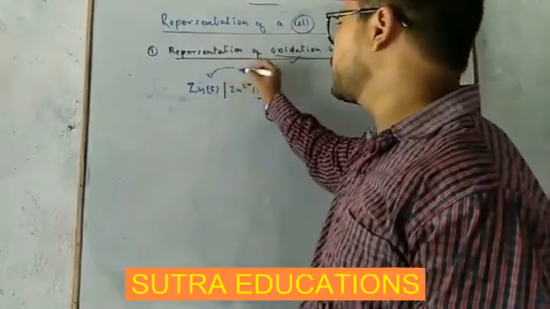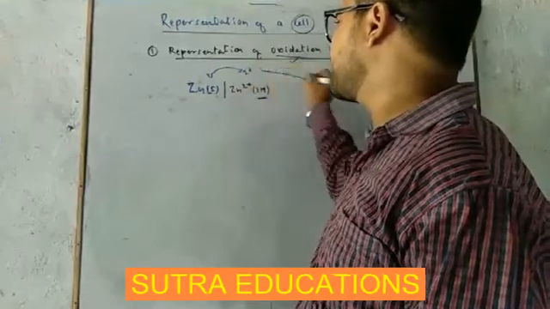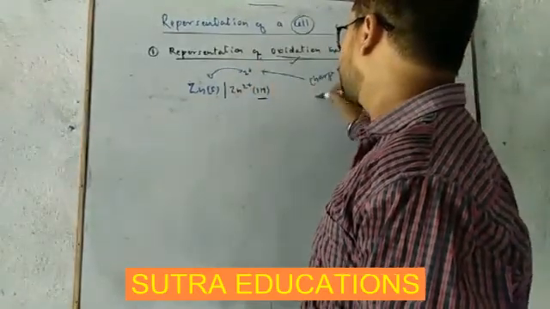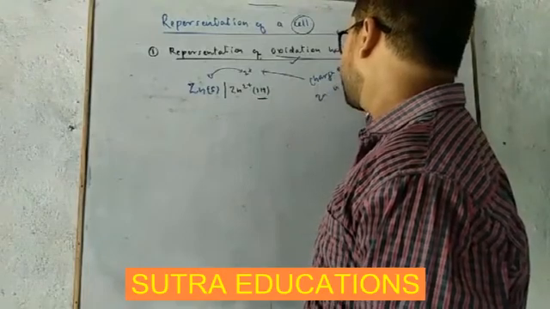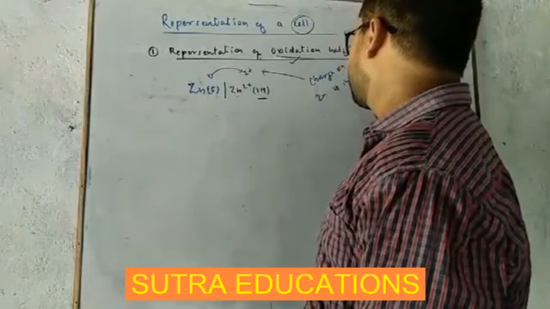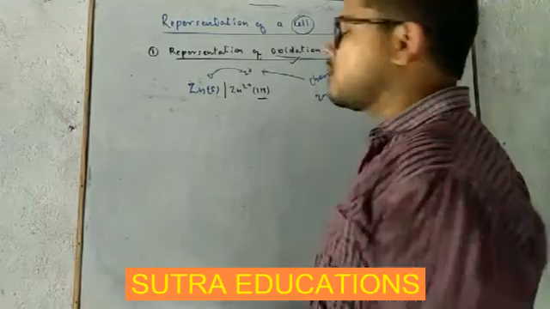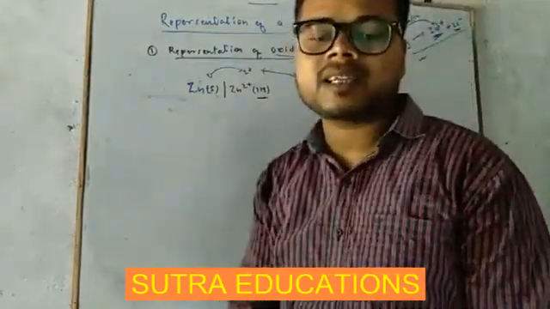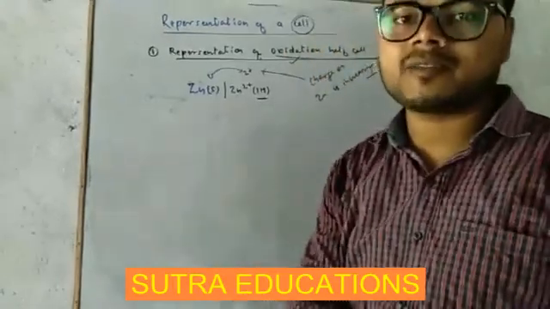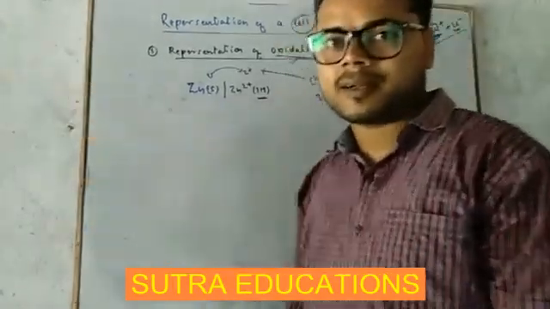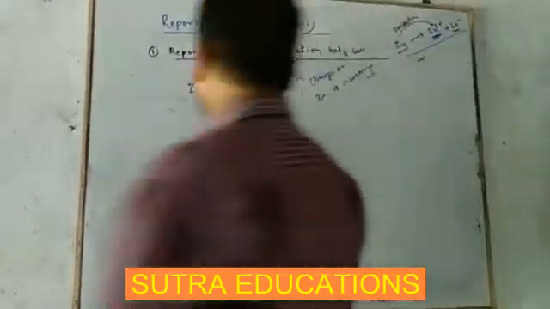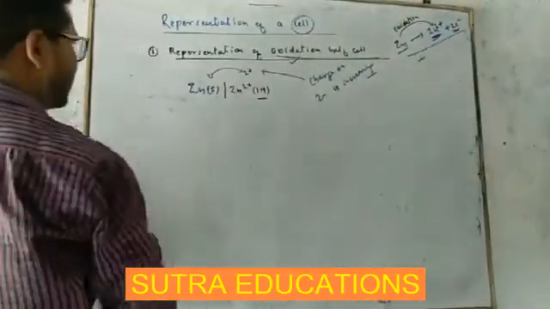So from 0 to 2 plus, we say charge on zinc is increasing. So we will say oxidation is taking place. Got it? And if charge is decreasing, then we will say reduction is taking place. We will see it in the other case.